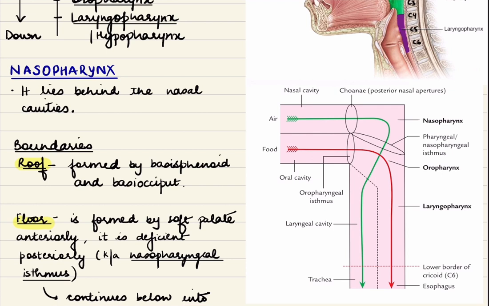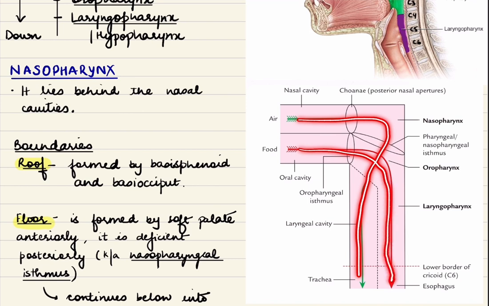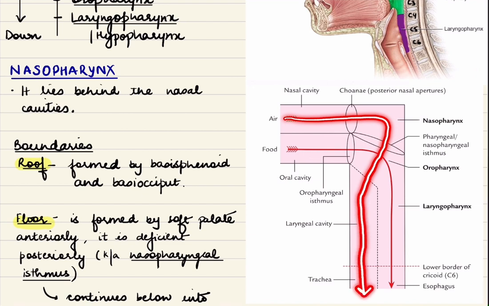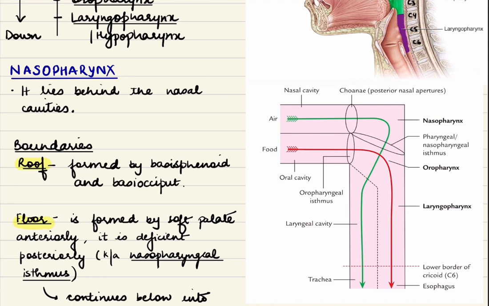Now this pharynx contains both the air passage and the food passage. So how do they communicate with each other? We'll see with this diagram. So in the green color is shown the air passage. So air enters from the nasal cavity, then goes to the nasopharynx, oropharynx, and then into the larynx and subsequently into the trachea and the lungs.